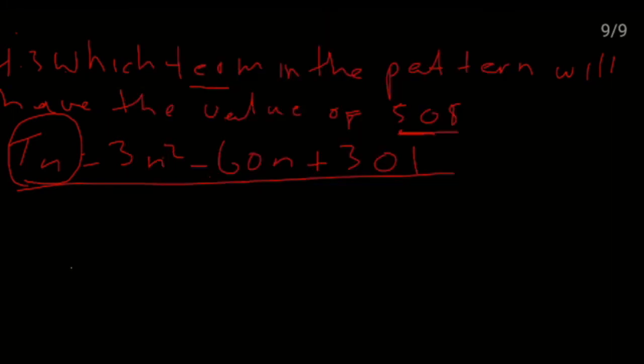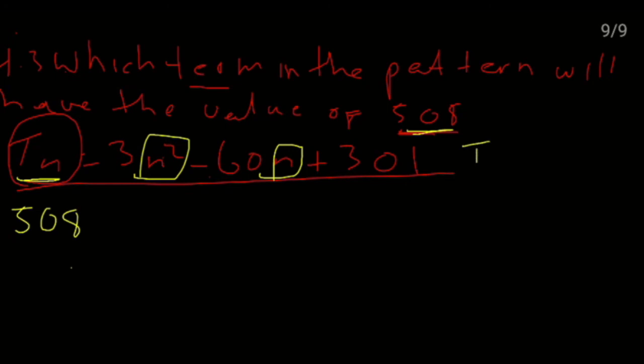That term is determined by n, and then they gave us the value for that term, which is 508. Meaning if I have T1 as a particular term which has a particular value, and T2 which again has a particular value.